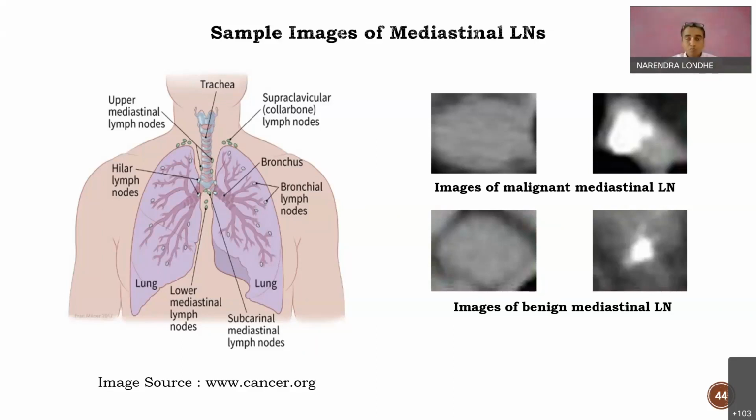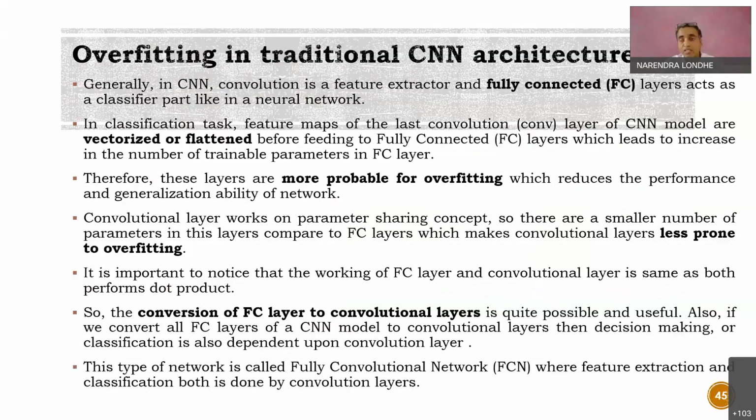Yes. So what I'm saying here is that existing CNN architectures again have those problems of overfitting and everything that has been described here. So in this particular classification, we have used a fully convolutional network. Why have we used a fully convolutional network?